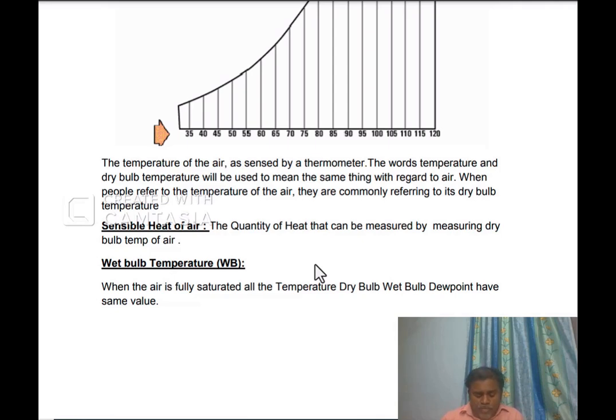How are we going to measure the wet bulb temperature? Take a thermometer and wrap a wet, moist cloth around the bulb, and try to take the temperature from the air. You will get a temperature which will be lower than the dry bulb temperature. This temperature is called wet bulb temperature. You can see the diagram here.